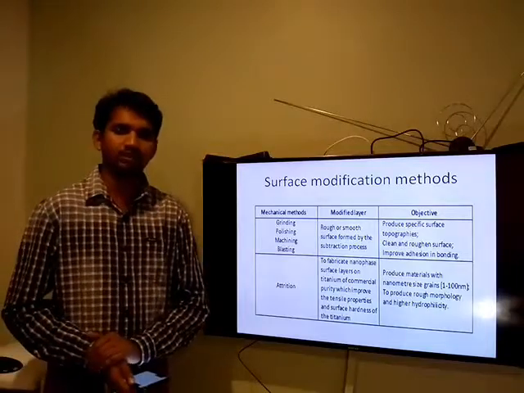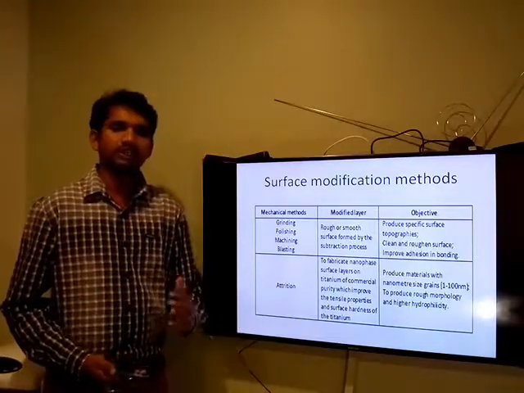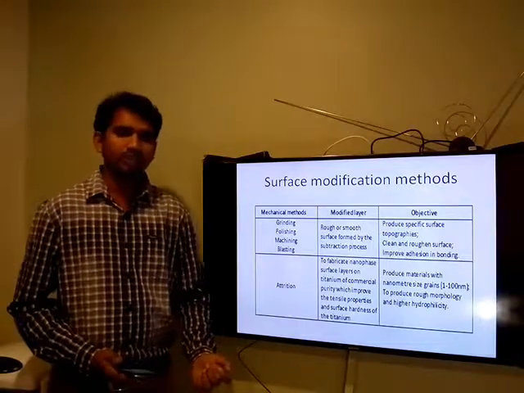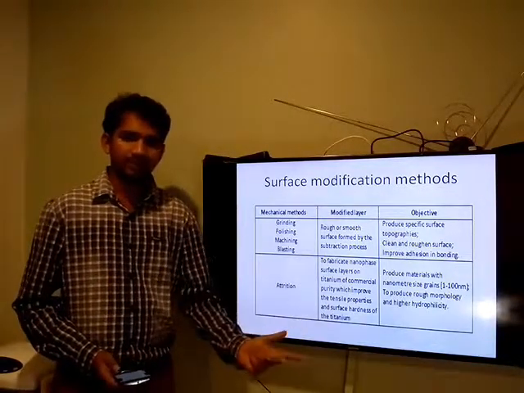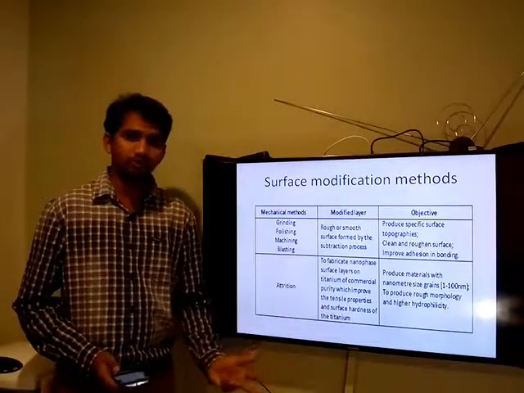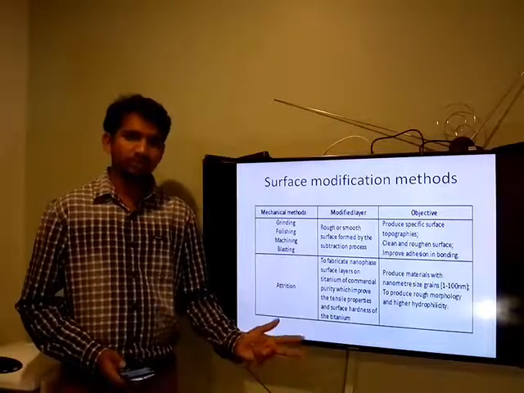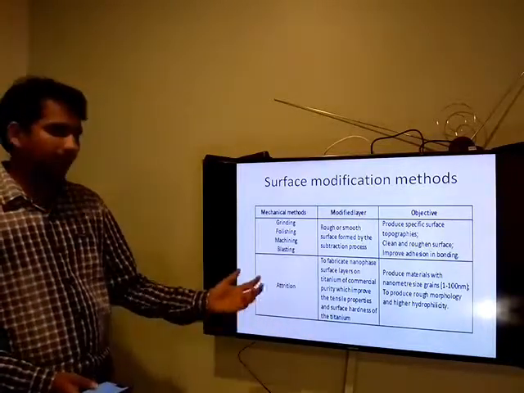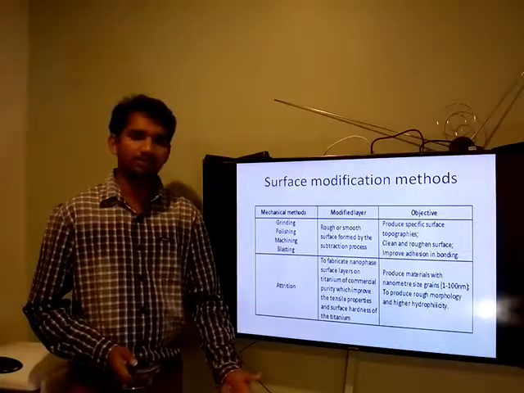Surface modification methods generally improve the quality of implantations. They make life easier, they enhance the life of the material and of the replacement, and they also improve the osteogenic process. We have three major methods: mechanical, chemical, and physical.